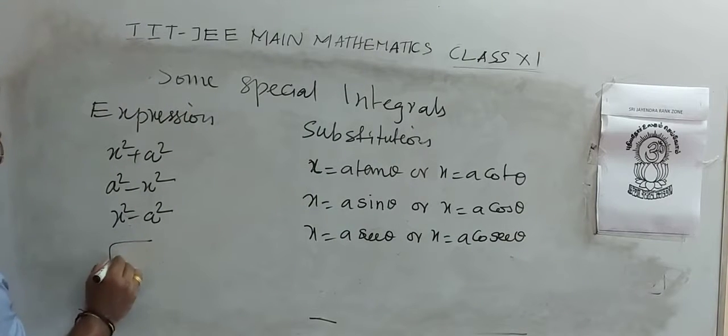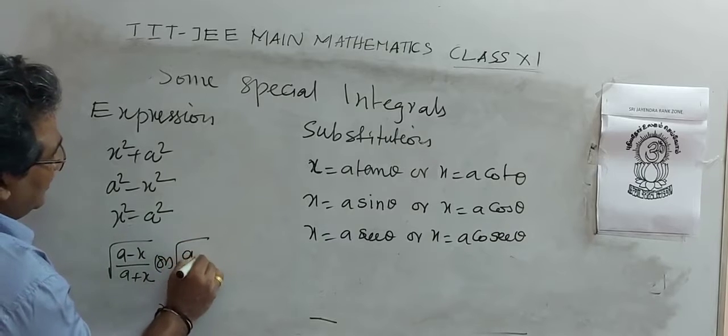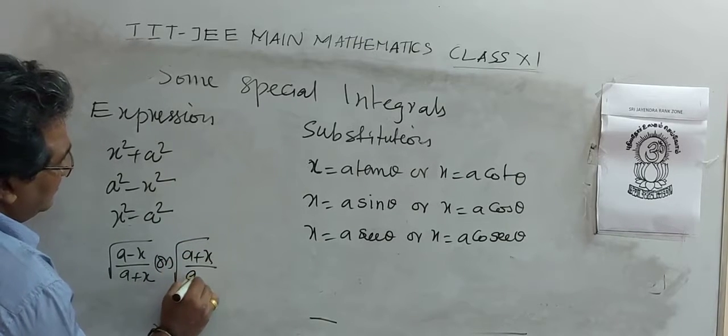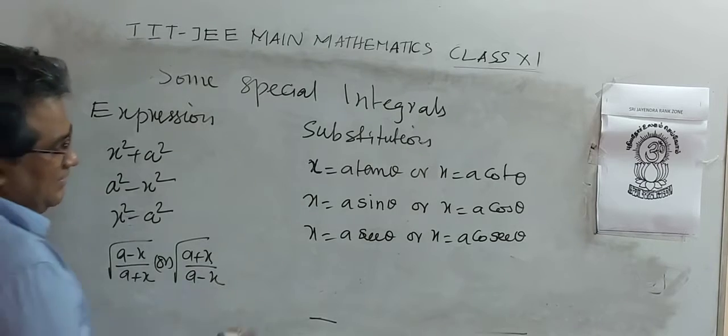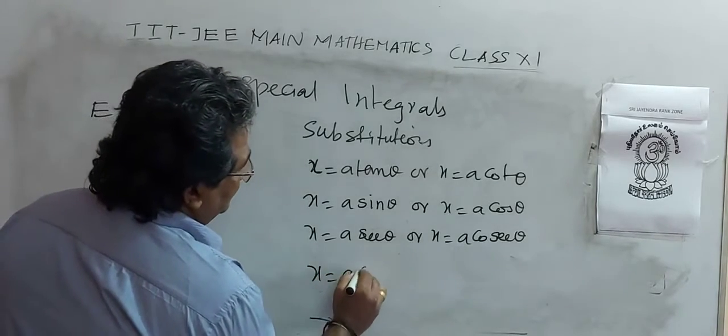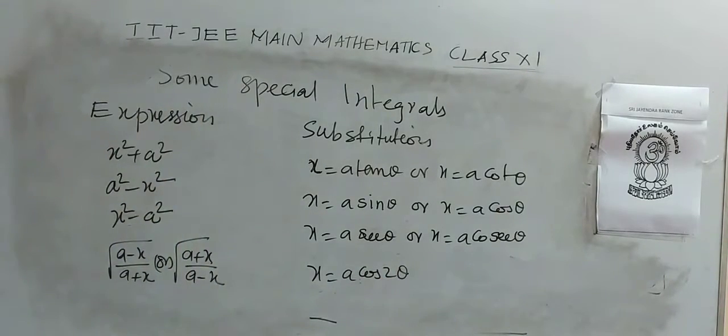For root of (a minus x) by (a plus x) or root of (a plus x) by (a minus x), you take x equal to a cos 2 theta.